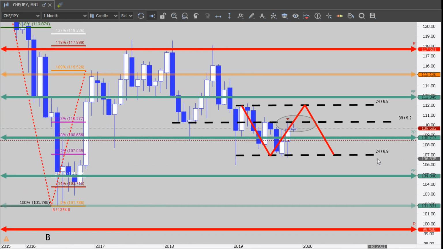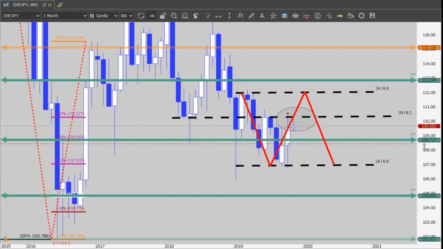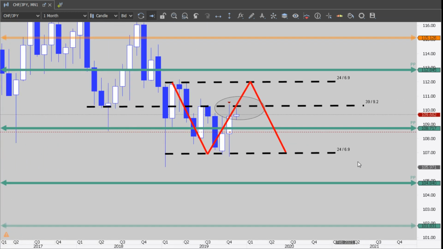So, and what else? From the monthly chart, we are in some kind of projected sideways movement, and we are going to short the market, right?